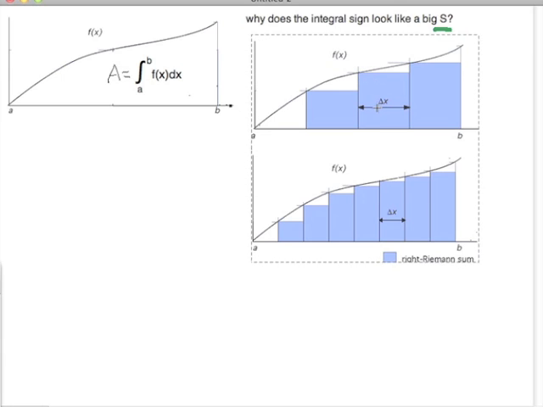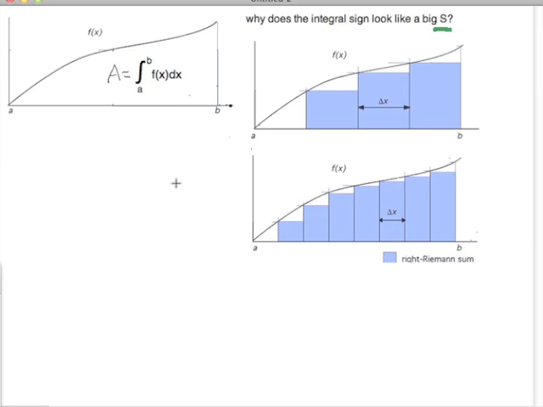What is this doing? If you go from the top picture to the bottom picture, you see delta x, the width of a generic rectangle, is shrinking. What's the formula for the area of a generic rectangle? By generic I mean a general rectangle.